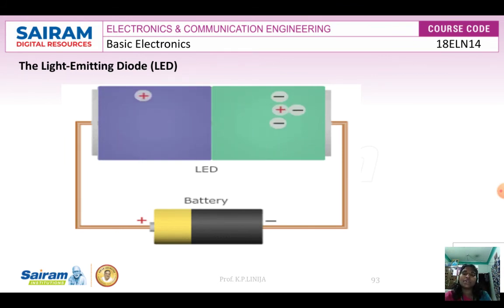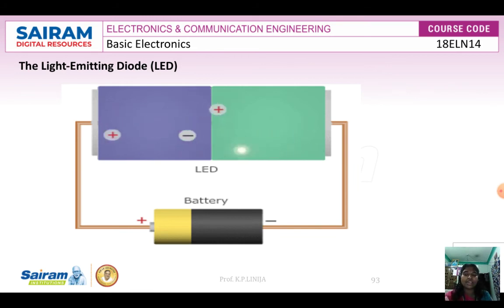Now, the light emitting diode, by its name itself, emits light when it is forward biased. We know that a p-type semiconductor and an n-type semiconductor are joined together.